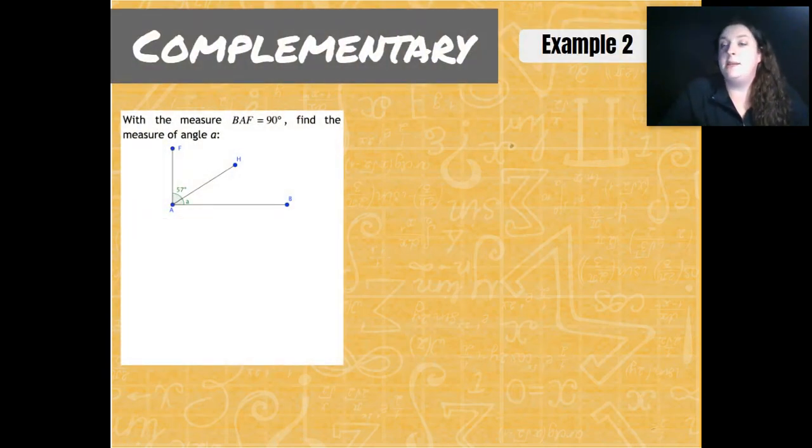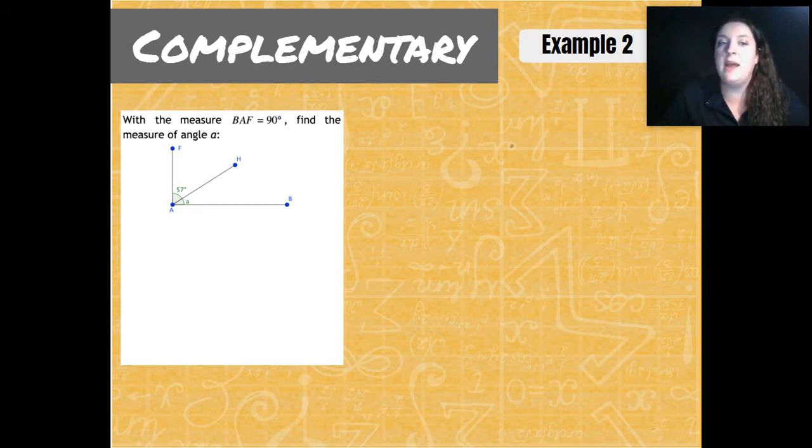So here's a second example. You have the measure of angle BAF equals 90 degrees. Find the measure for angle A. This question is kind of a silly one because when you think about it, it's telling you what the angle A is, right? You don't have to do any math here.